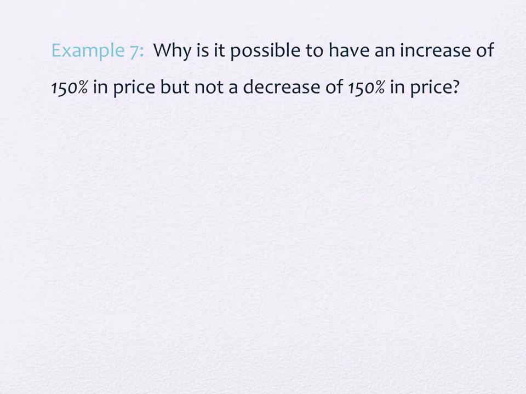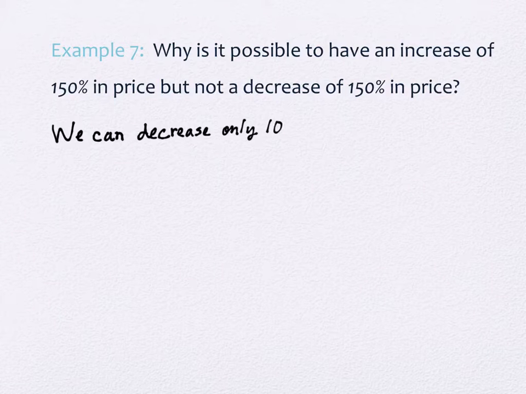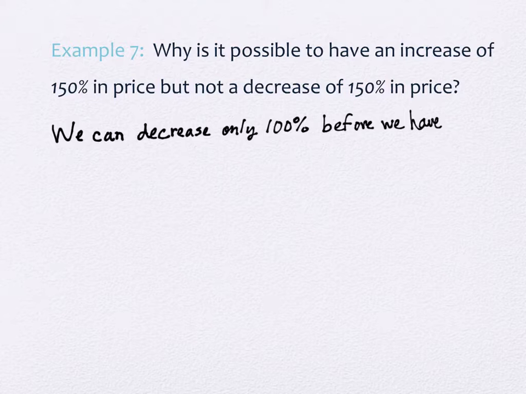But when we're talking about a real world context, which this is money, there is a limiting ability to subtract something away. There is a point at which I can't subtract any more away because I have nothing left to subtract. So we'll put something down of that nature. We can decrease only 100% before we have negative numbers.